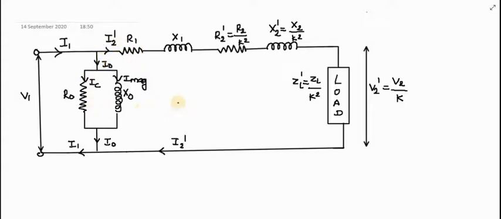Students, there is one advantage of shifting this shunt circuit on the input side. What is that? When we are shifting the shunt circuit, which consists of your R0 and X0, to the input terminals, then I can combine the primary and secondary resistance and reactance, and further I can reduce this circuit. So if I combine the resistance R1 and R2 dash, and similarly X1 and X2 dash, my circuit again gets reduced as shown in the figure.